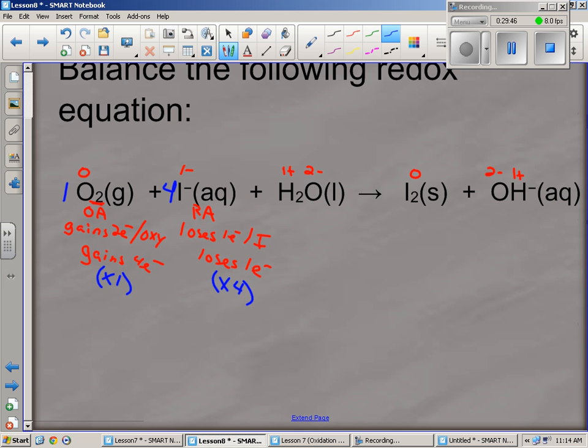The rest is inspection, and you might say, okay, I got 1 O2 here, and you might be tempted to do the O's first, and I would say don't do that. Even though we know it's 1 here, I get that. But there's also some over here, and then there's some over there. That might get a little crazy. Do the ones that you obviously know first. Like 4 I's, I can do that. That's 2 I2, sorry.